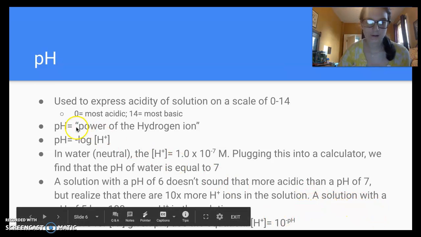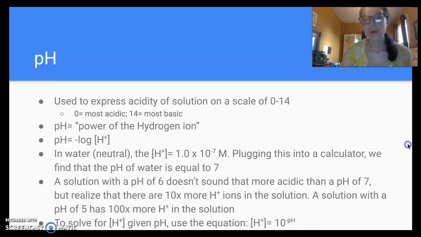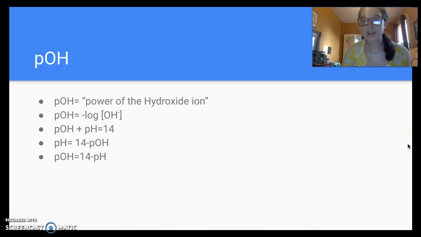So these are the two important equations here. We can also consider pOH, which goes together with pH, but instead of describing the concentration of H+, it's describing the concentration of OH-, which is typically associated with bases. So pOH is the power of the hydroxide ion, which is OH-.